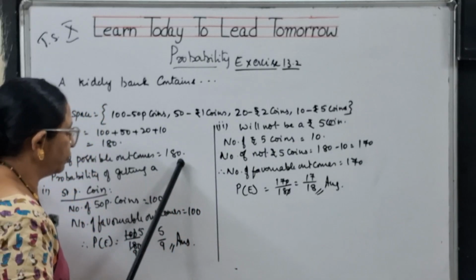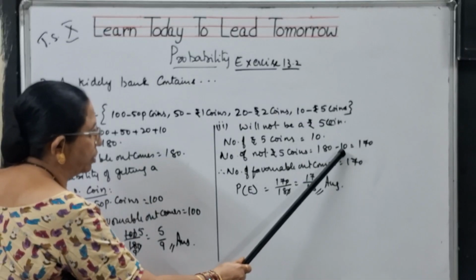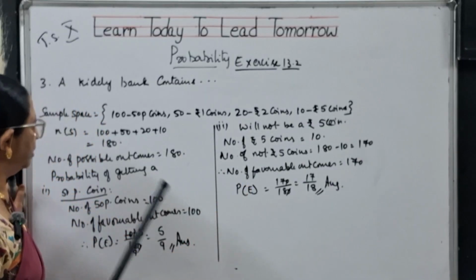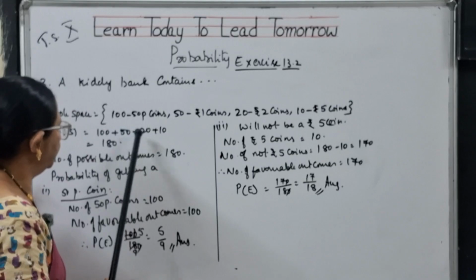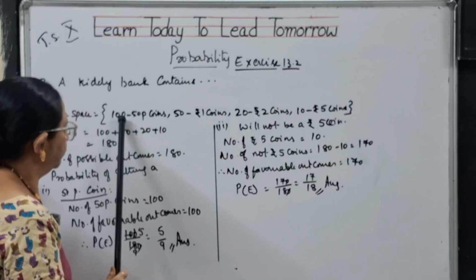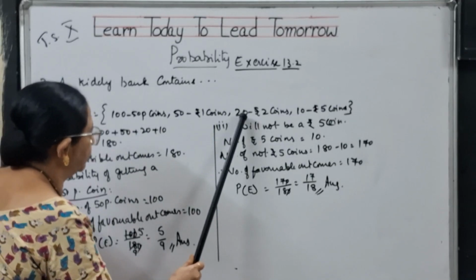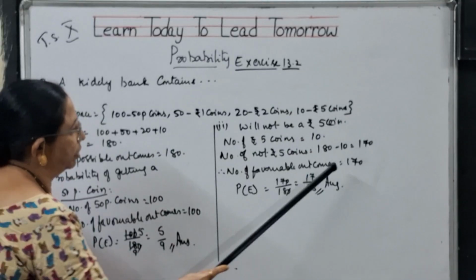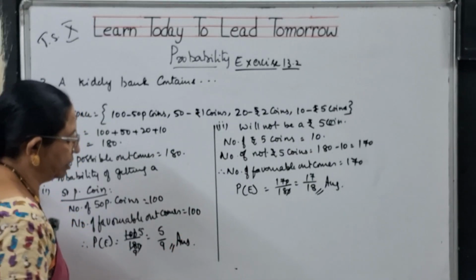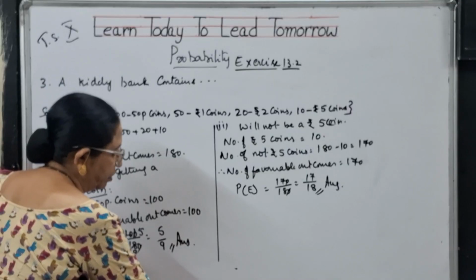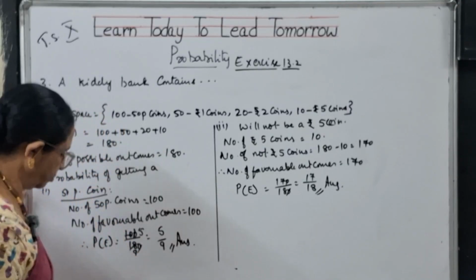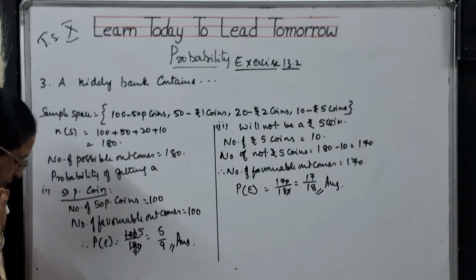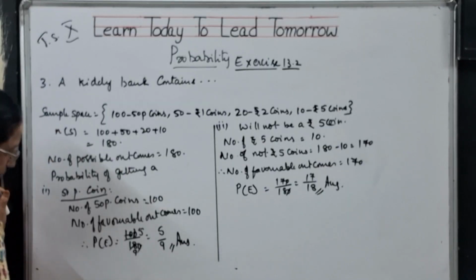That means total 180, if you remove 10, you are getting 170. Even here 100 plus 50 plus 20, 100 50 paisa, 50 1 rupee, 20 2 rupees. If you add all this, 170. So favorable outcomes are 170. So probability of event is 170 by 180. That is 17 by 18 is the answer for this problem, children. Please note it down.